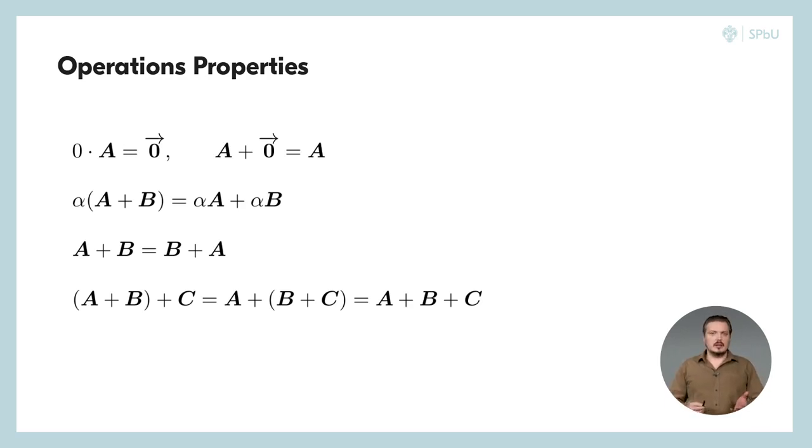Second, the operation plus must be a linear operation, which means that if both input vectors are multiplied by the same scalar, the resulting output vector is also multiplied by this scalar.